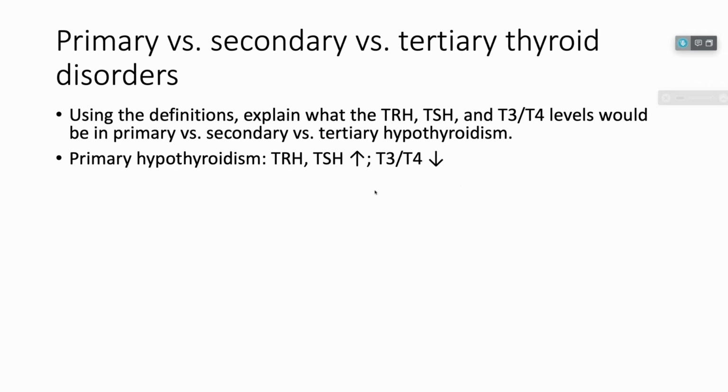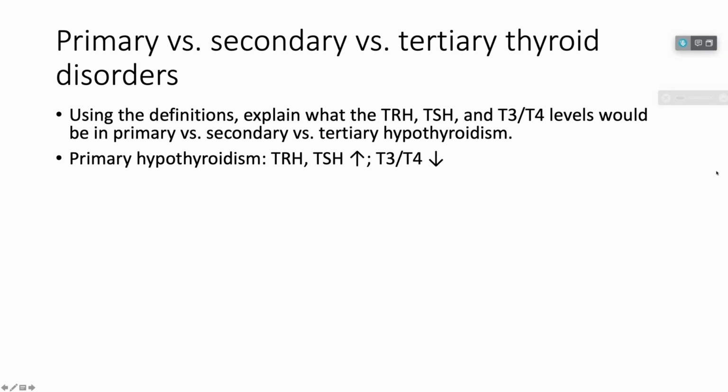Elisa, how about secondary? What would the TSH, TRH, and T3, T4 levels be in secondary hypothyroidism? So in secondary, the TRH would be increased, while TSH and T3, T4 would be decreased. Why?